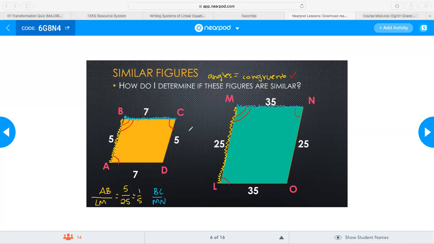So if I'm doing small over big, I'm gonna have to do that for each one. So what is the side length of side BC? 7. What is the side length of side MN? 35. So let me use my calculator. 7 over 35 is also 1/5 or 0.2. Okay, so the proportions are looking like they're going to be equal.